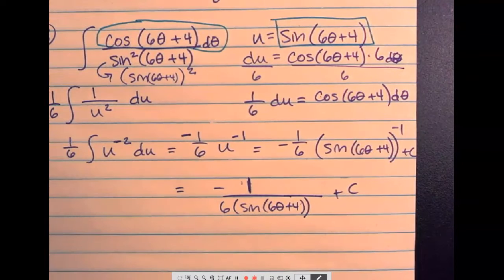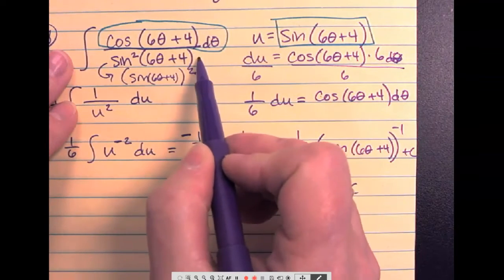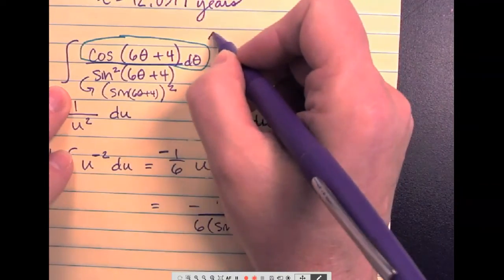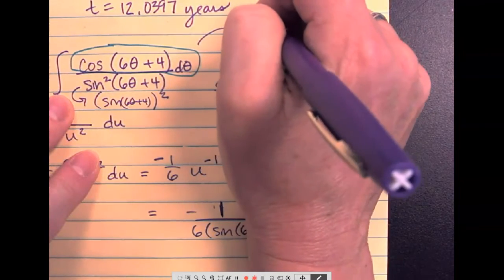I don't understand why the top turns to 1 too. I know that's du, I know du equals that, but why does it just go to 1? Okay, think of this as 1 over sine squared.